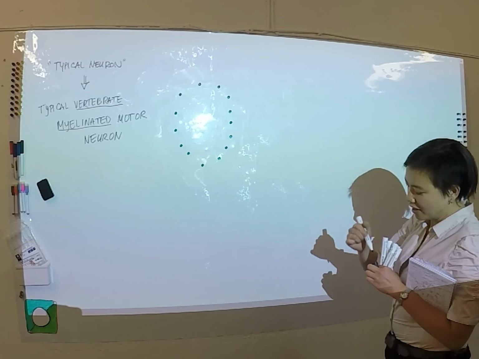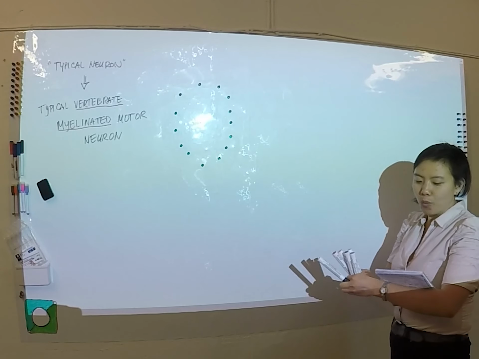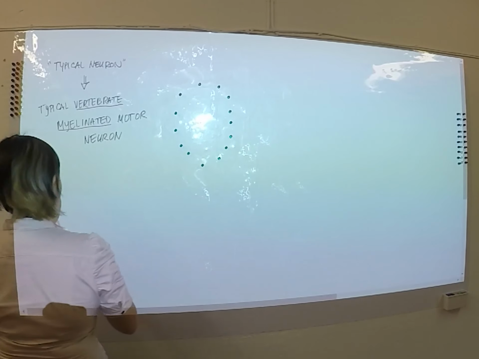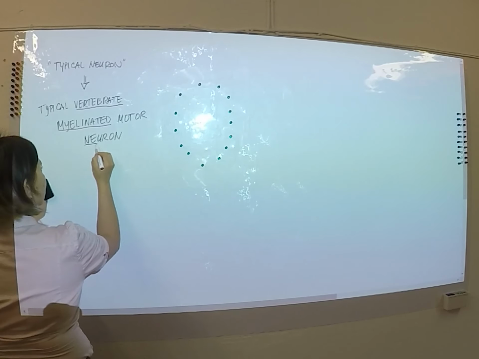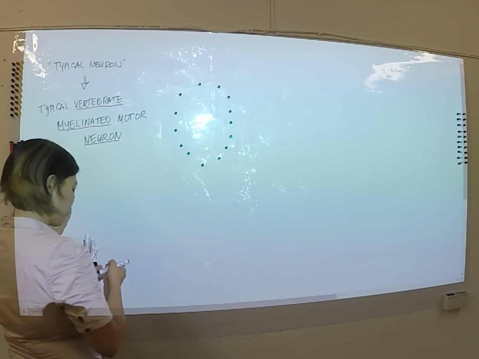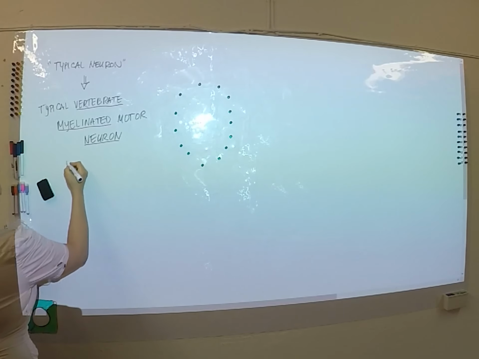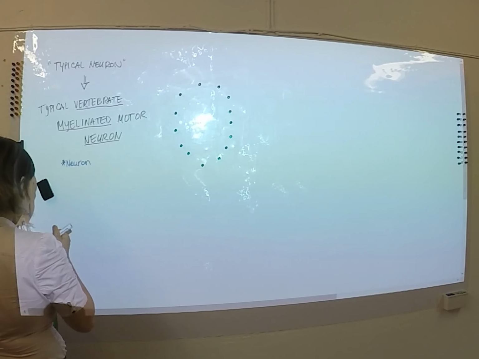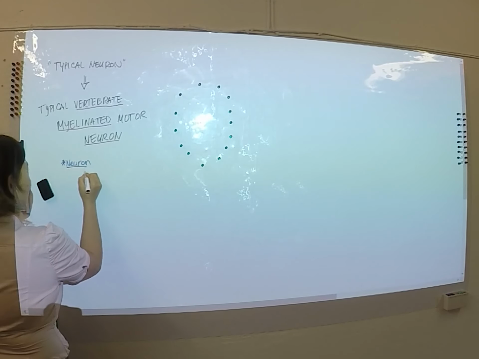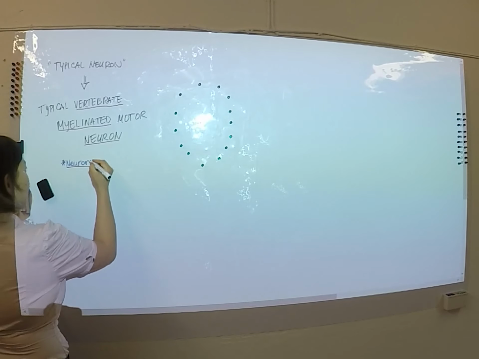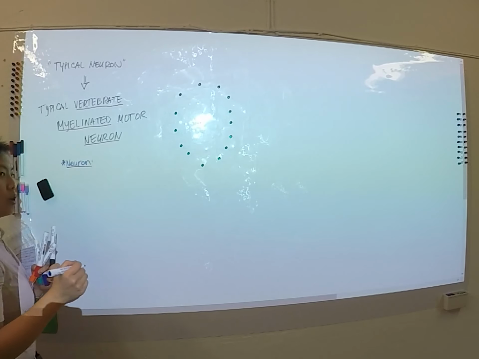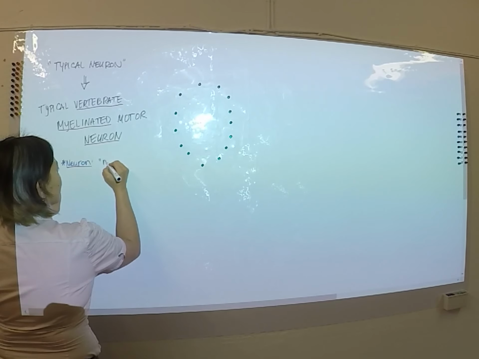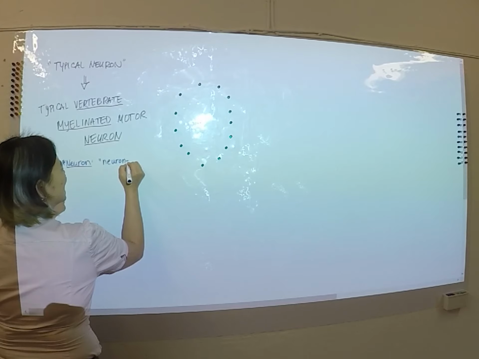All right. Well, actually, first, what is a neuron? Let's define a neuron first. Okay, so we have here neuron. Okay, so what is a neuron? Okay, so the word neuron, you might also see in the same place neurone with an E at the end.